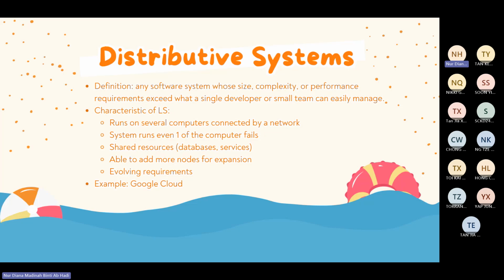Besides large systems, we also have distributed systems. A distributed system is commonly used in cloud computing. Inside the cloud, your objects can communicate over the network instead of locally.